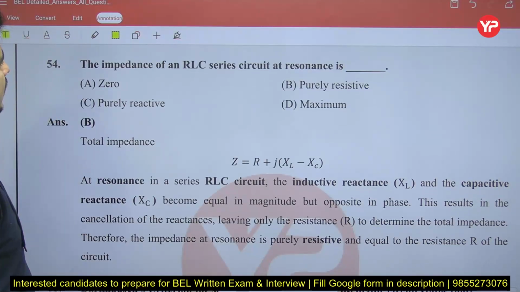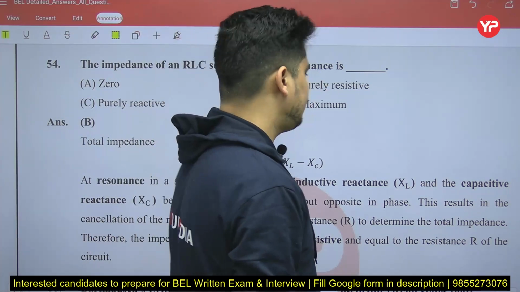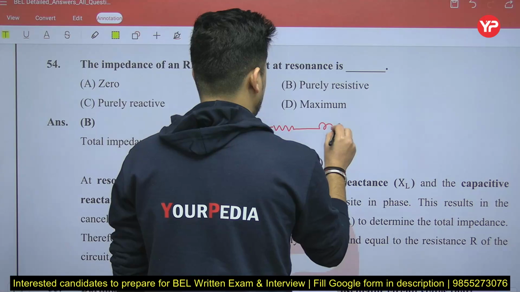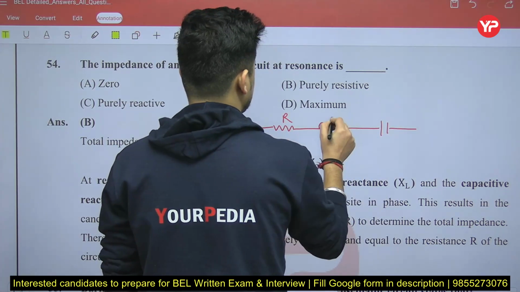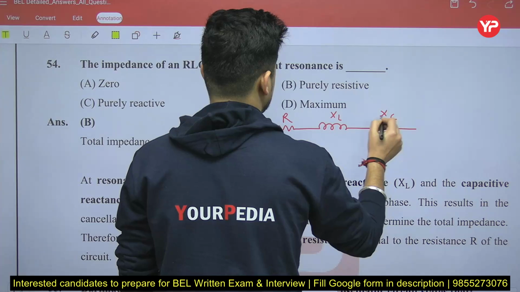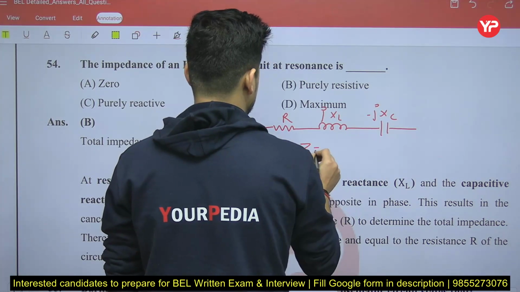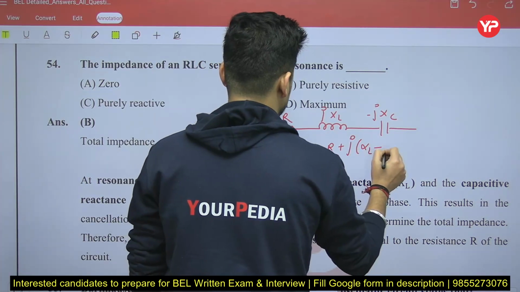Next one is impedance of RLC circuit at resonance. If we have R, L and C, this is R, this is XL, this is XC. So minus jXC, this is jXL. So total impedance Z is what? R plus j(XL minus XC).